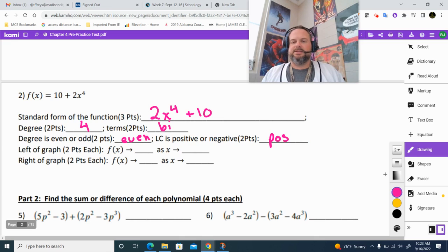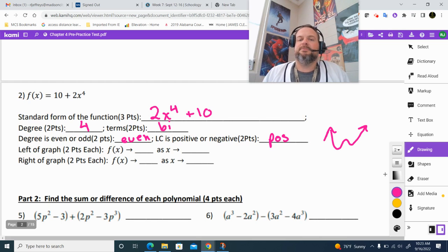Okay, that means this graph looks something similar to like a W. All right, now both of these y's or f of x's go to infinity as x goes to negative infinity and positive infinity.